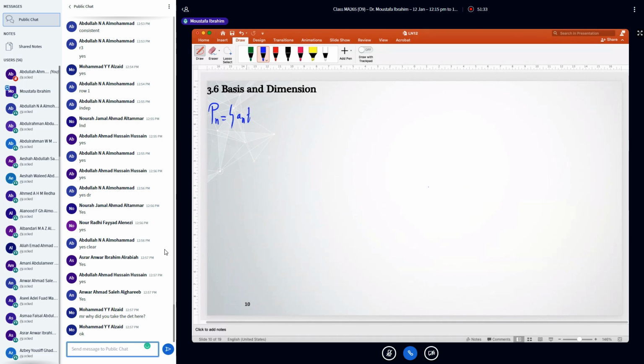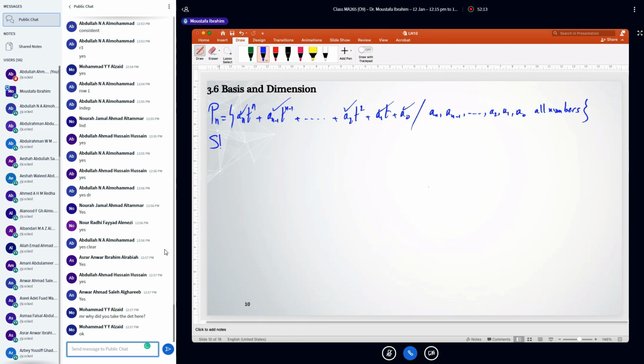It's a_n t to the power of n plus a_(n-1) t to the power of n minus 1 plus etc. plus a2 t squared plus a1 t plus a0, isn't it? Such that all the coefficients, a_(n-1), etc., a2, a1, a0, are real numbers.